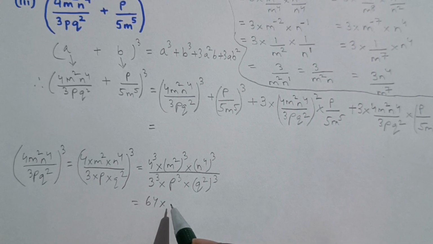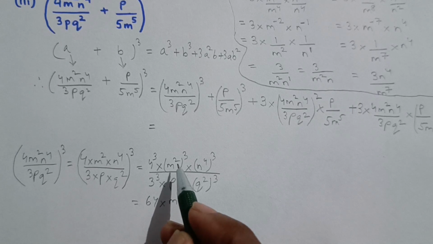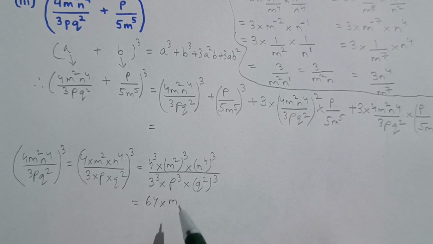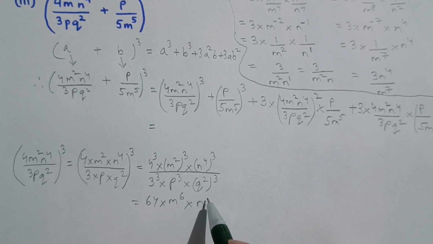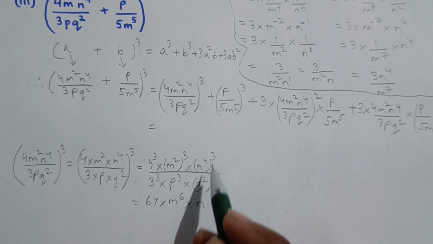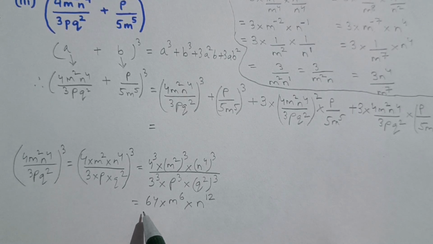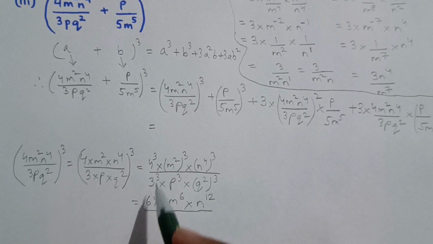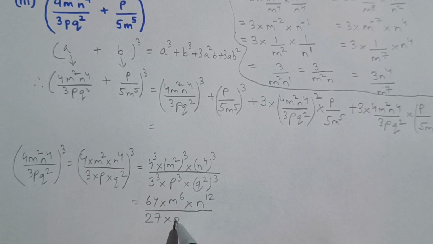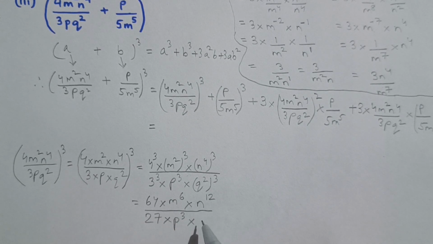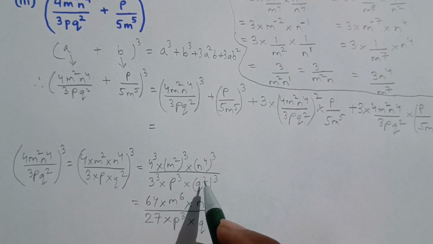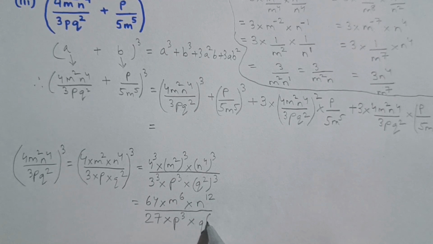M square whole cube is m to the power, multiply these two powers, 2 into 3 is 6, so m to the power 6 into n to the power 4 whole cube, so that will be n to the power, multiply these two powers, 4 into 3 is 12, so n to the power 12 upon 3 cube is 27 into p cube into q square whole cube, so this will be q to the power, multiply these two powers, 2 into 3 is 6.